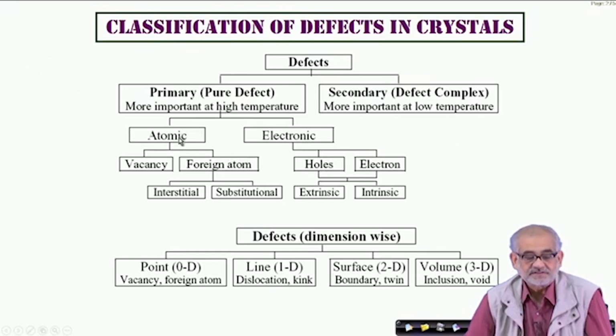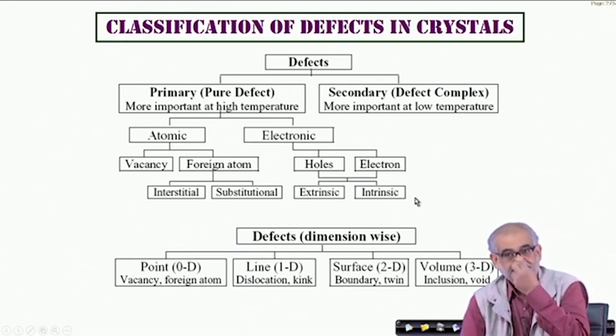In case of atomic disorder, we just discussed that we can have vacancies or we can have foreign atoms, and the foreign atoms could either be interstitial or substitutional. And electronic defects could create either a hole, where an electron is missing in a crystal which has a certain band gap, or we can have an excess of electrons. So either holes or electrons, they could be either extrinsic or intrinsic, depending upon the compositional variation of the system.